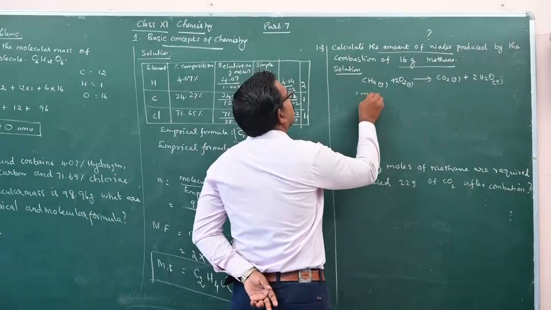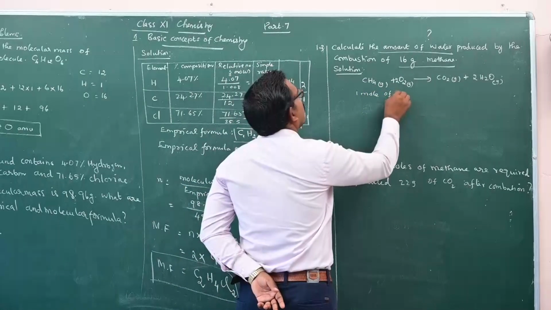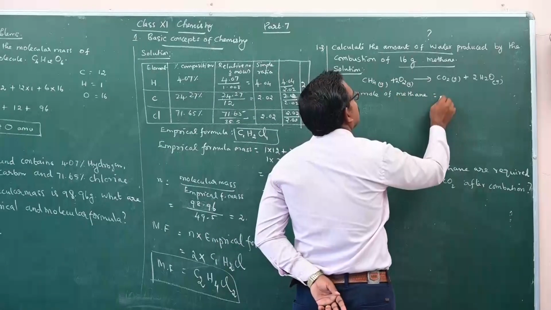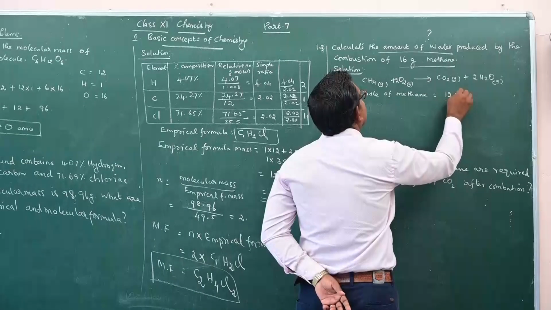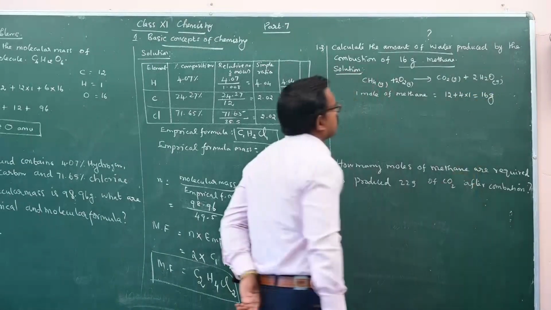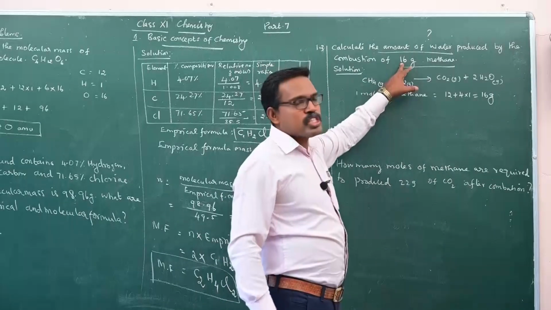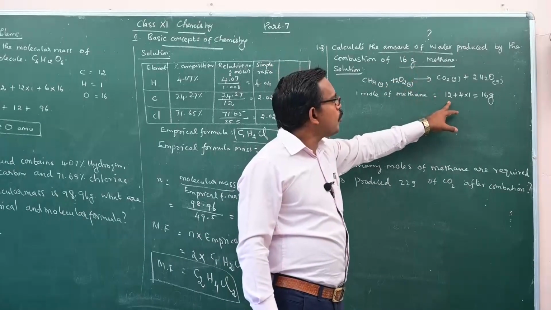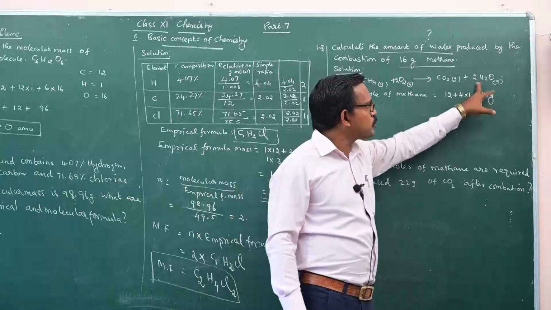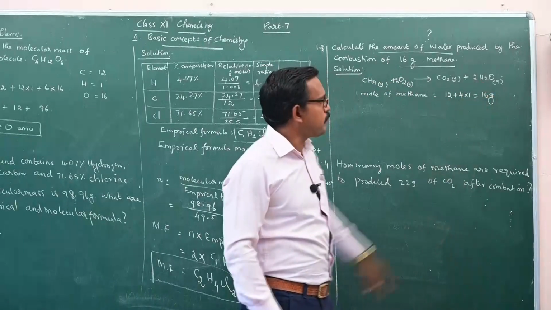So, 1 mole of methane is equal to 12 plus 4 into 1, that is equal to 16 gram. The given mass is also 16 gram. 1 mole of methane on completely burning gives how many moles of water? 2 moles of water.